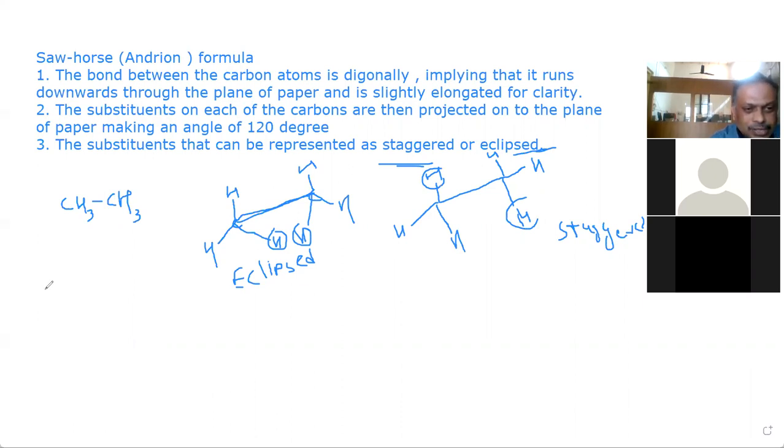We see the next molecule, butane. In ethane all atoms are the same, but in butane there are two different groups: one methyl and second methyl, CH3, CH2, CH2 and CH3.